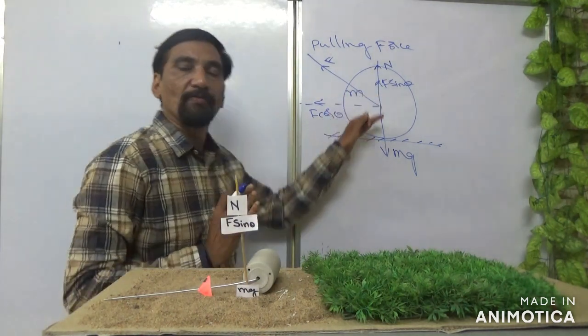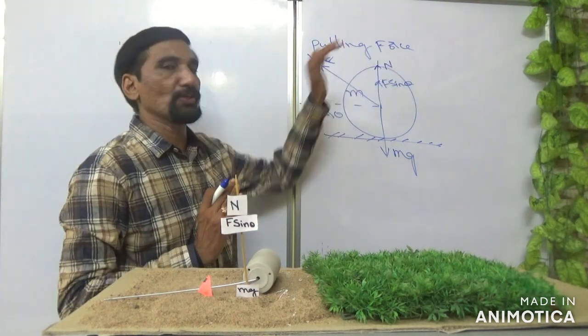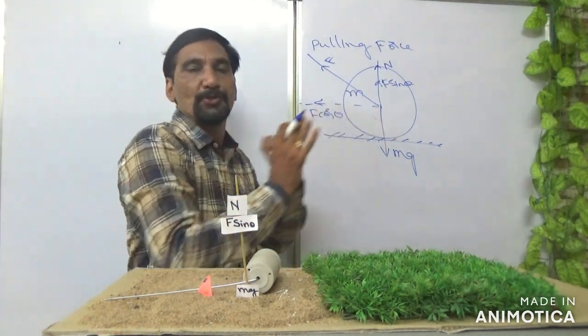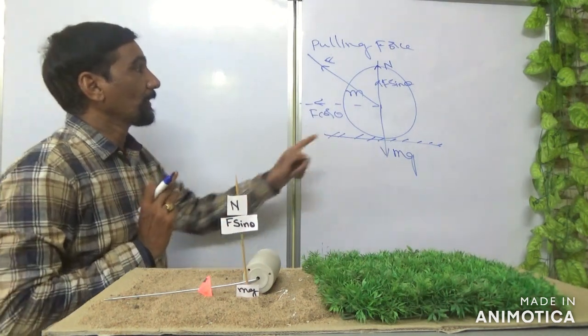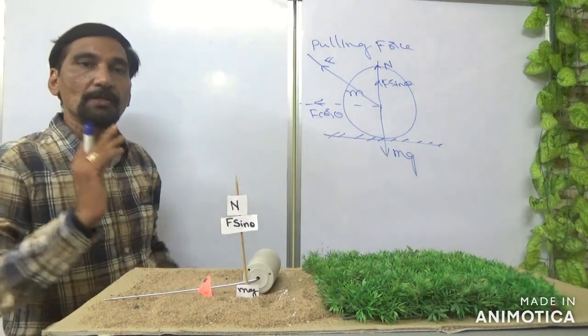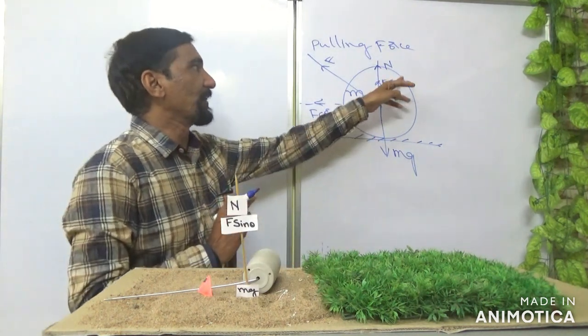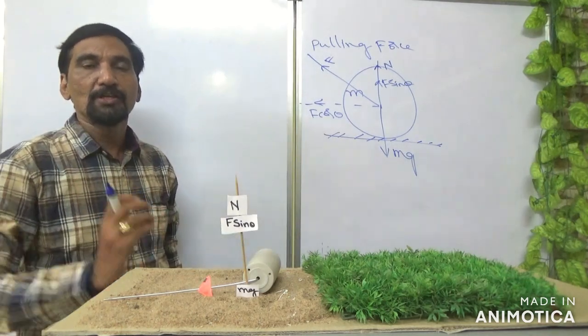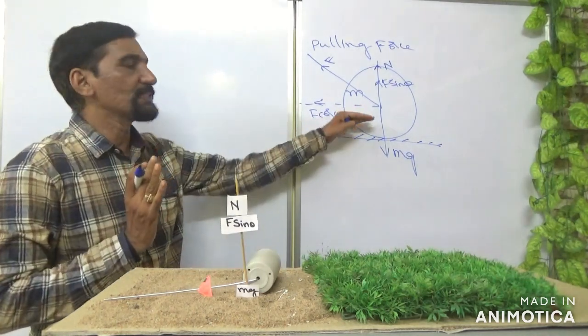Weight is always downwards, normal reaction upwards, no change in that whether you pull or push. But whenever you apply force outwards, say a pulling force applied on the roller, then this F sin theta is added towards the normal reaction. If you remember this, it is easy to derive.